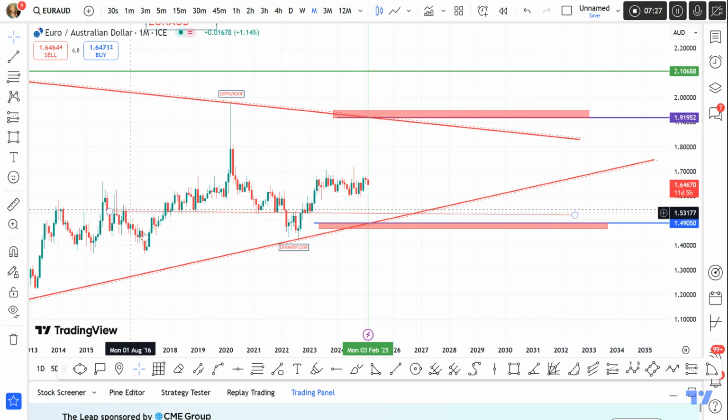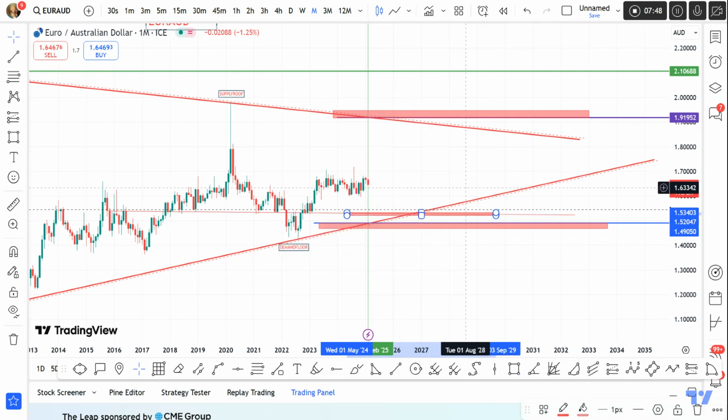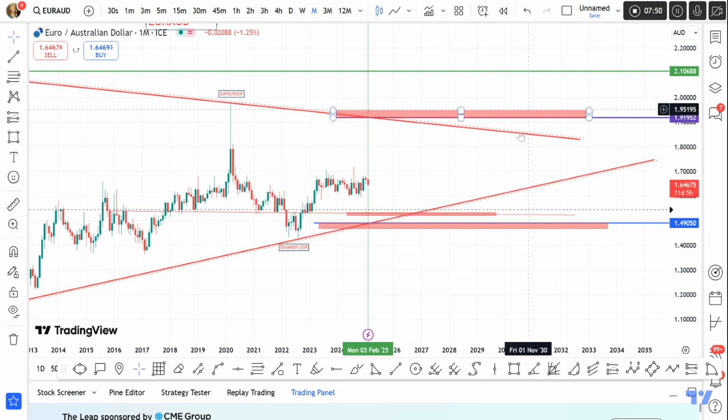So you have price here, create here, supply roof, break of a supply roof, demand floor, demand floor, demand floor, demand floor, demand floor, break of a demand floor, retest as a supply roof, break of a supply roof, price returns on demand. So on technical, we have a buy structure here. So if price returns there, you have a buy trigger at that level.